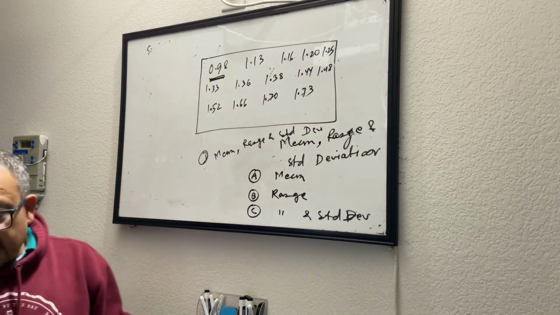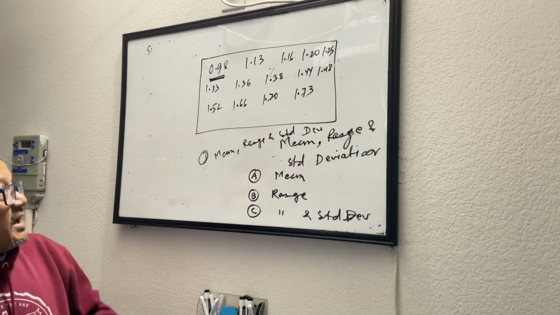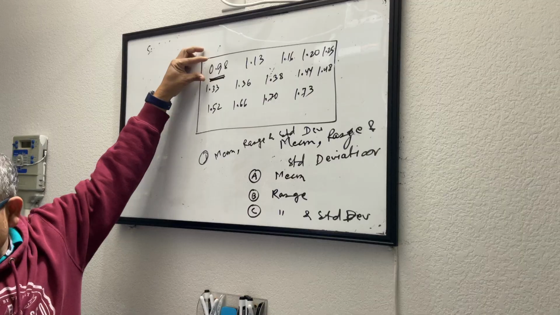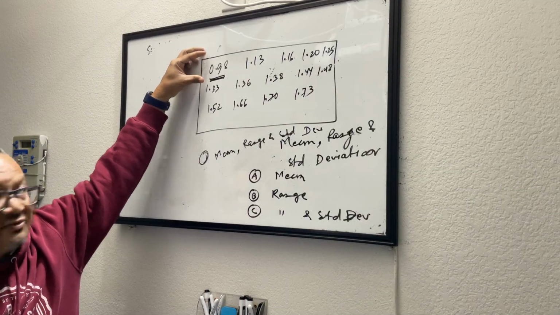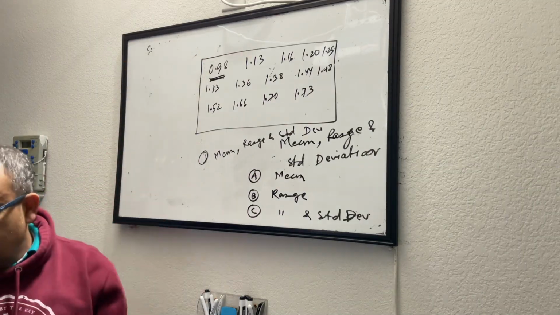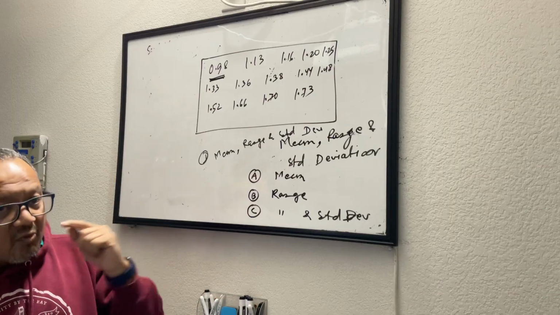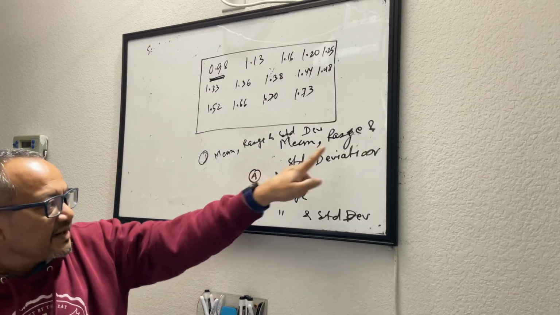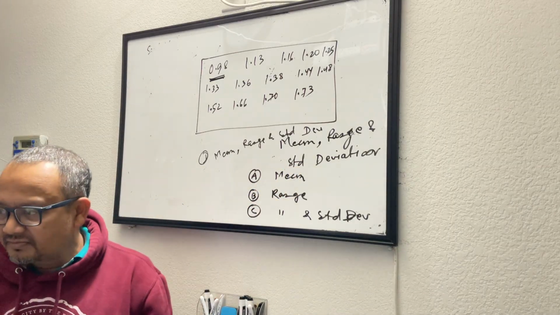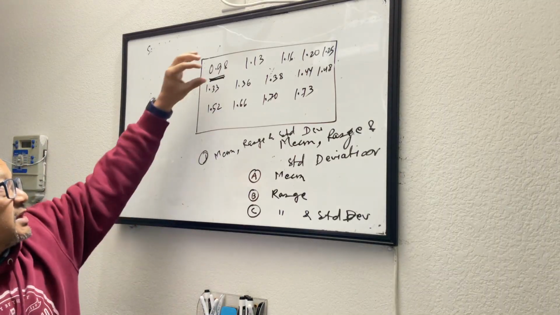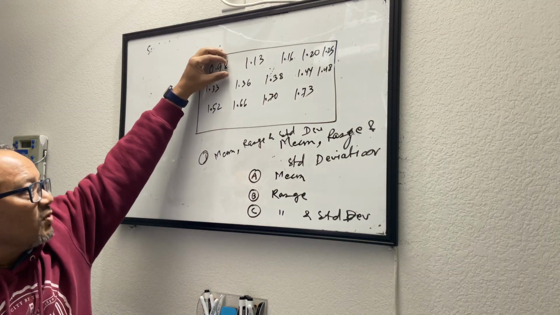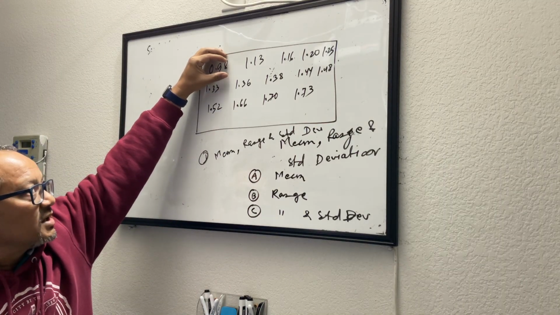Then the question says, if you take out 0.98 from this data, meaning if you exclude this from the data, what will decrease from mean, range and standard deviation? Meaning, if you are taking this thing out, what all will decrease?